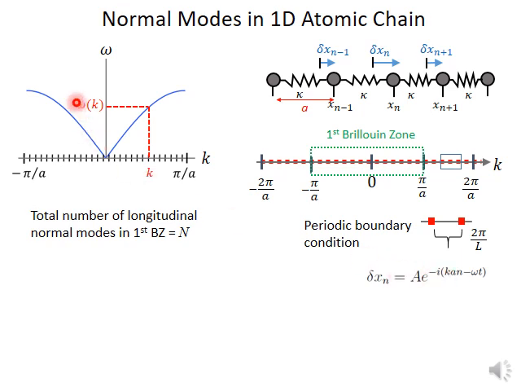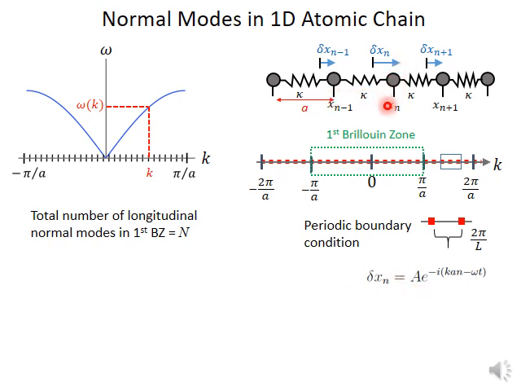You can put this k value in here, this omega value in there, and the corresponding n value, and you would get the displacement of the nth atom due to just this mode out of all the N modes available within the solid.